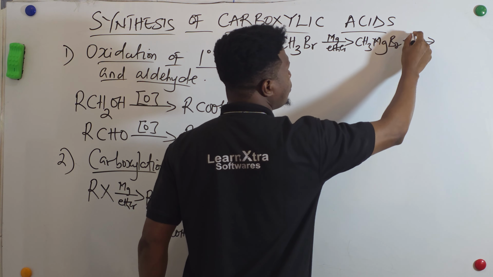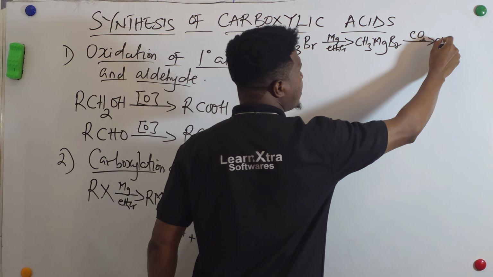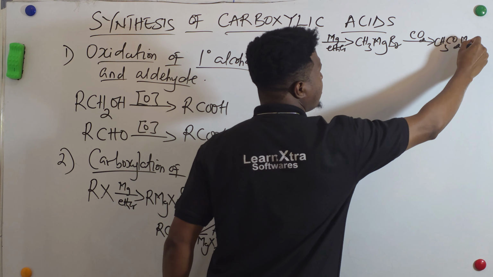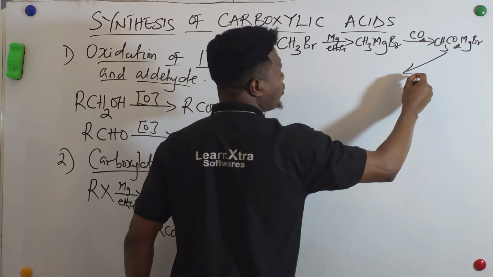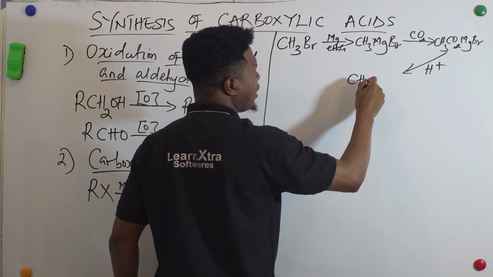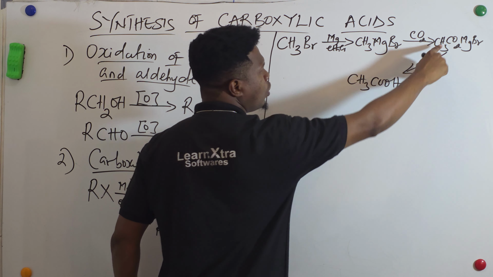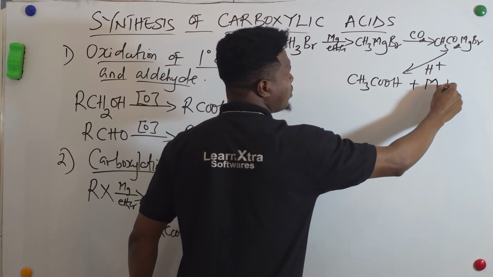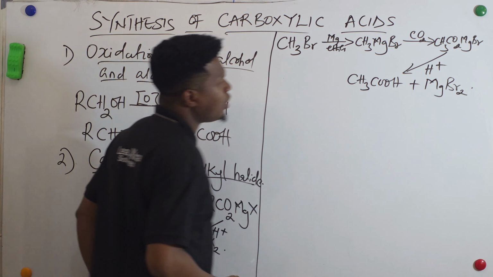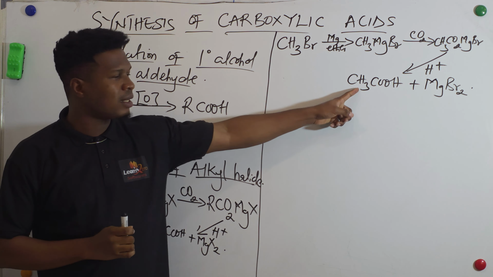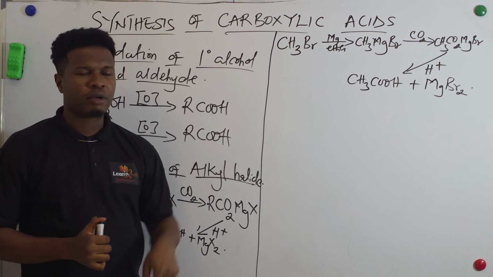Then you treat it with CO2 to have CH3CO2MgBr, which you further react with an acid to have CH3COOH plus magnesium bromide. So we can synthesize ethanoic acid from this process.